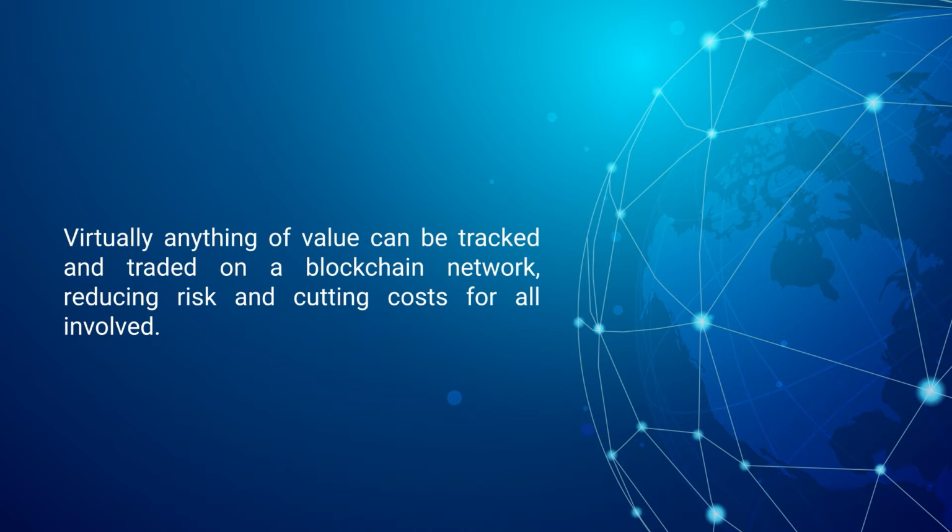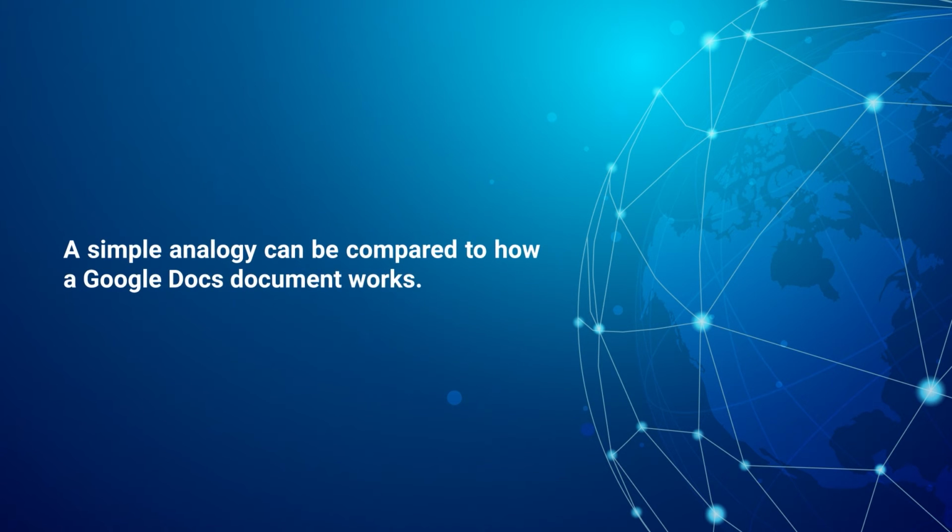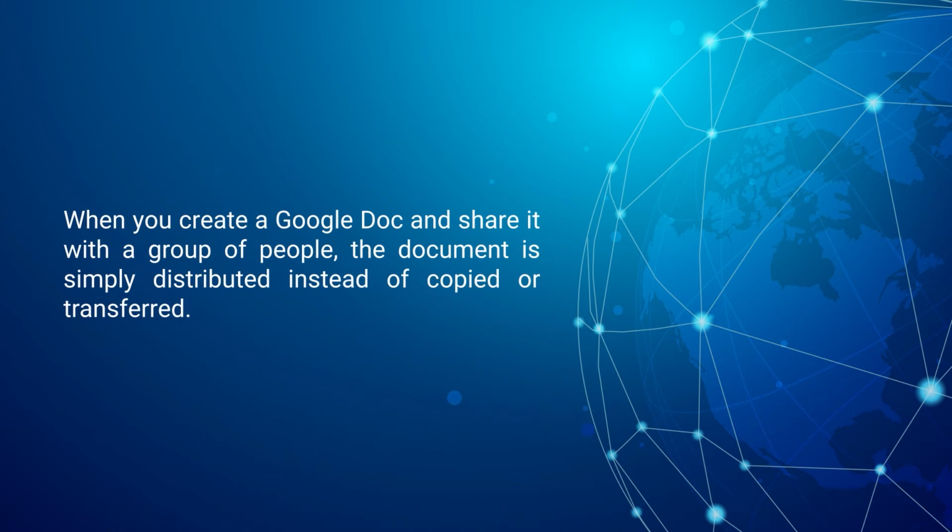Here we can see a simple analogy for understanding blockchain technology. This is not actually what happens with Google Docs. However, you can compare this with a Google Sheet. This is meant for a simple analogy. When you create a Google Doc and share it with a group of people, the document is simply distributed instead of copied or transferred.